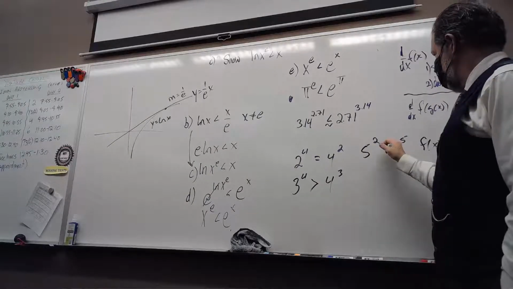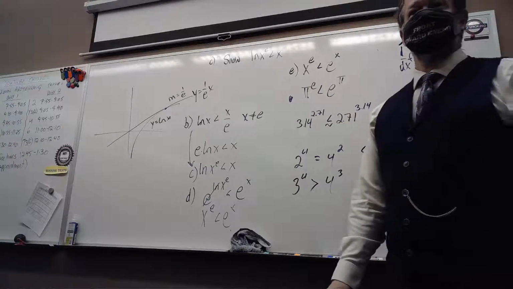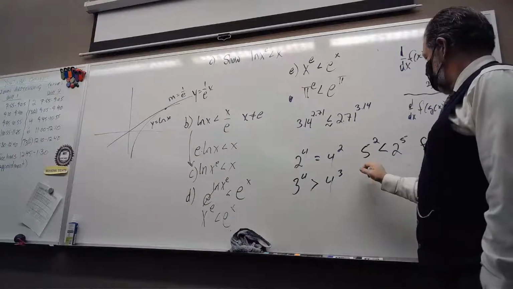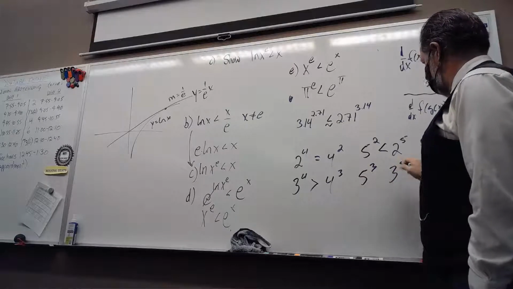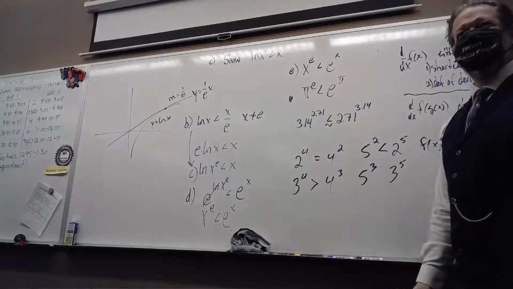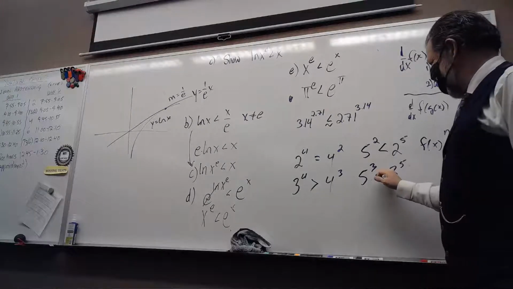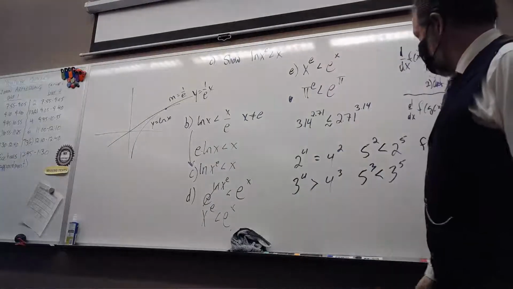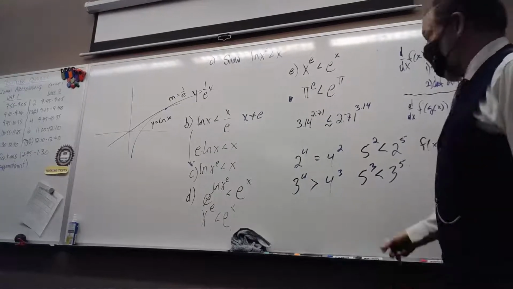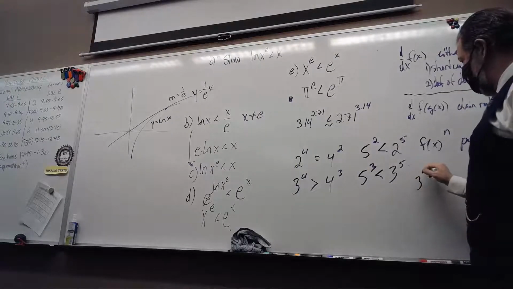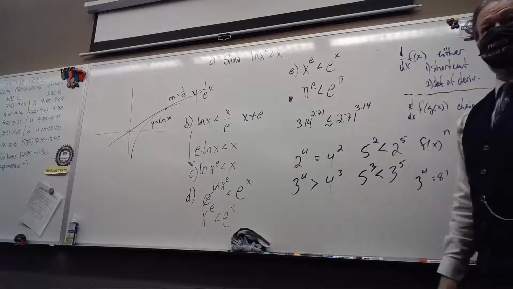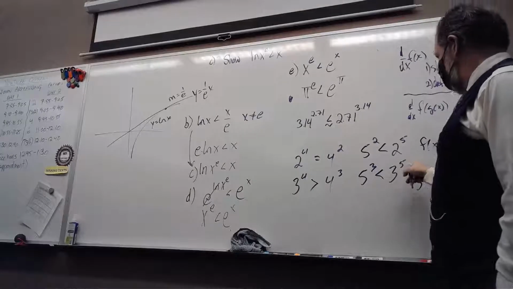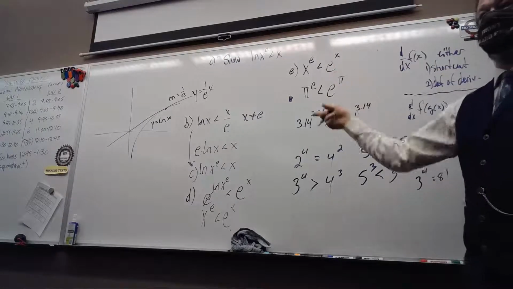This is probably bigger. 25, 32. 5 cubed and 3 to the 5th. 125, 243. I mean, that's an easy one if you just remember that 3 to the 4th is 81, which should always be in your head, because now you're just multiplying 81 by 3. You don't actually have to do 3 to the 5th. You just have to remember that it's 81 and then one more.